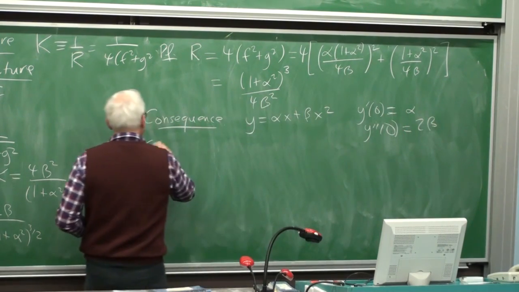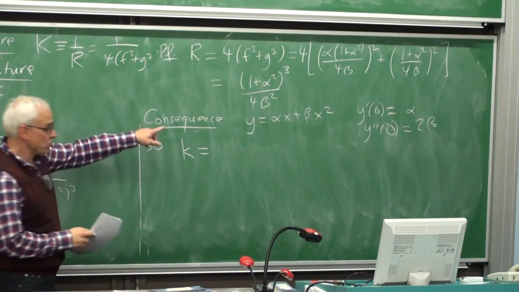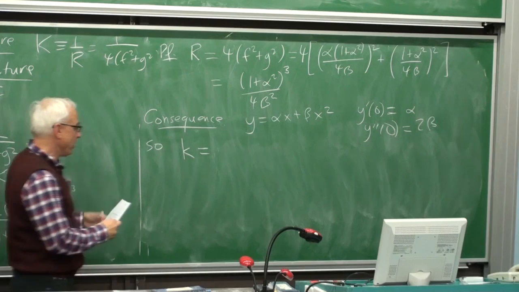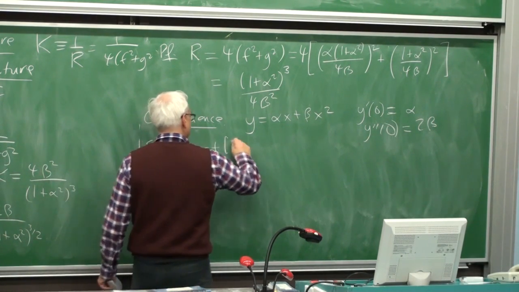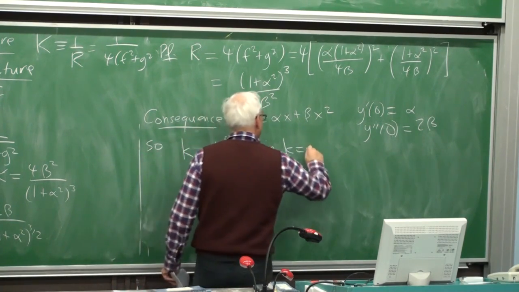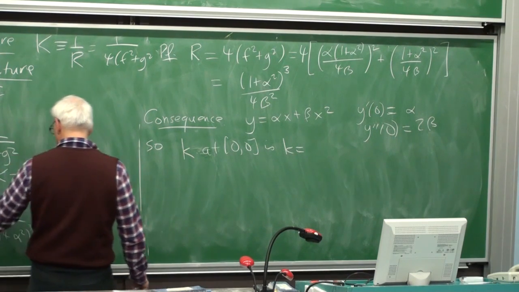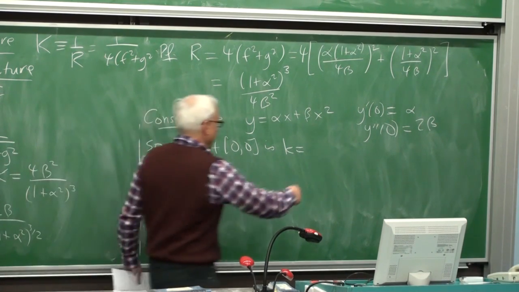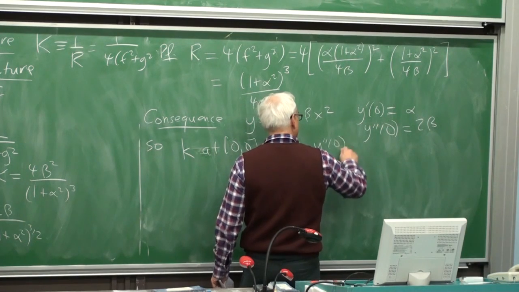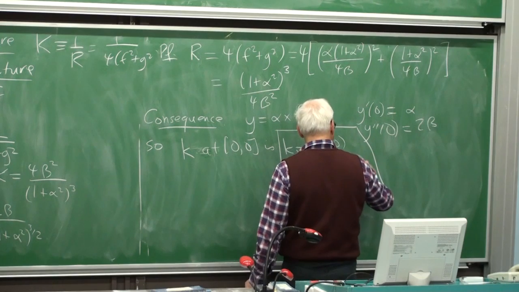So we can rewrite the curvature, little k, the curvature of this function at the origin. This is k at the origin is, well, where is it? Here's the formula right here. 2 beta over 1 plus alpha squared to the 3/2. So the 2 beta is exactly the second derivative. So it's y double prime at 0 over 1 plus y prime 0 squared to the 3/2.